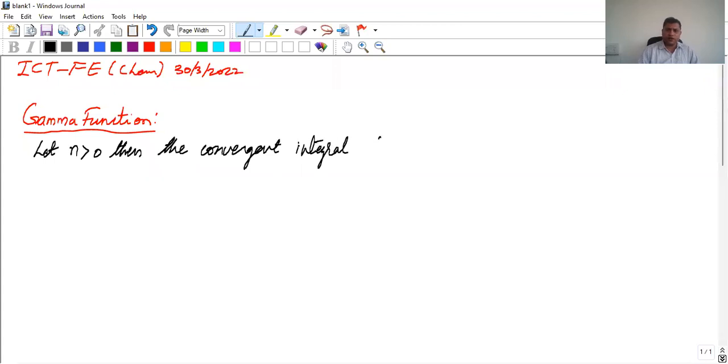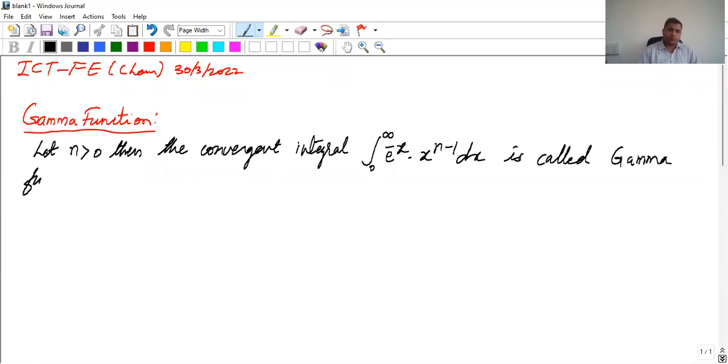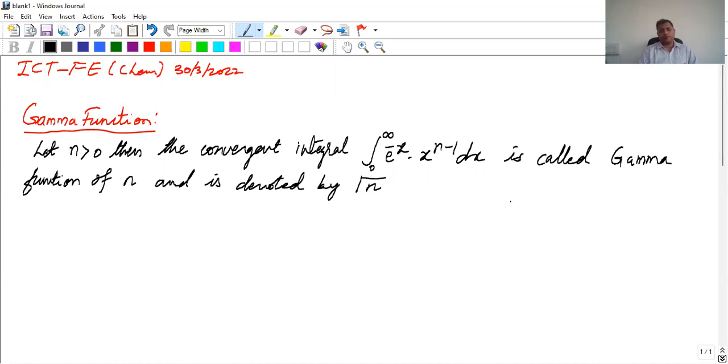Okay, so the convergent integral from 0 to infinity of e raised to minus x, x raised to n minus 1 dx is the gamma function of n and is denoted by gamma of n.